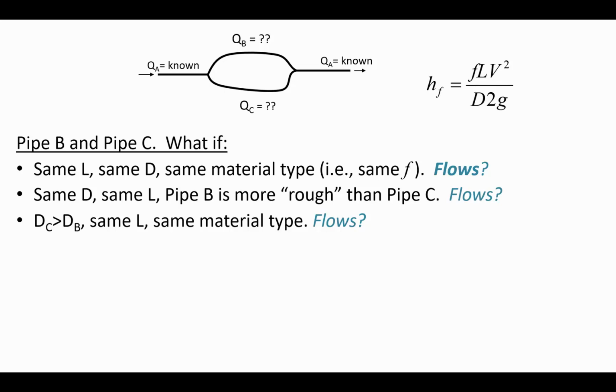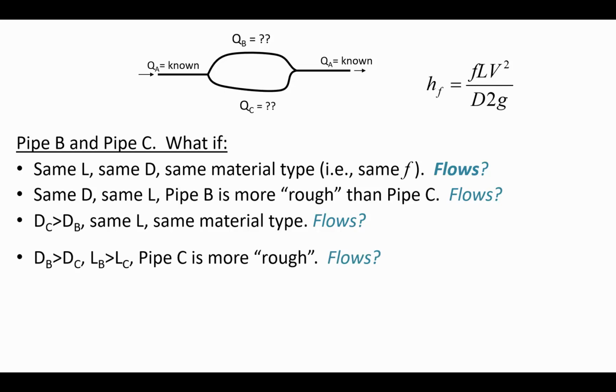Pipe C is going to have more flow because with larger cross-sectional area, relatively more water can flow through with less resistance, because more of the cross-sectional area is farther away from those edge boundaries where the shear force is applied by the pipe to the water. As the water flows, the pipe is resisting that movement, and if you've got a big diameter pipe, the center of the pipe is pretty far from where the resistance is applied. So more flow is going to go through pipe C than goes through pipe B.